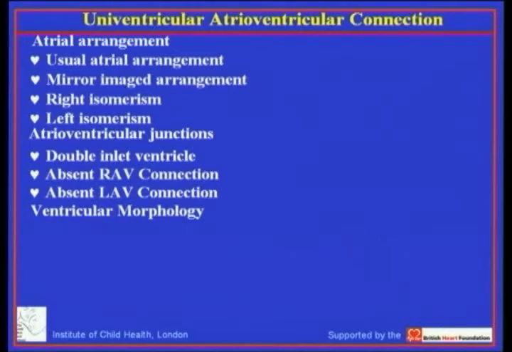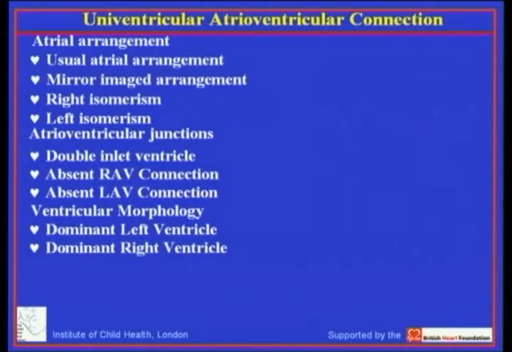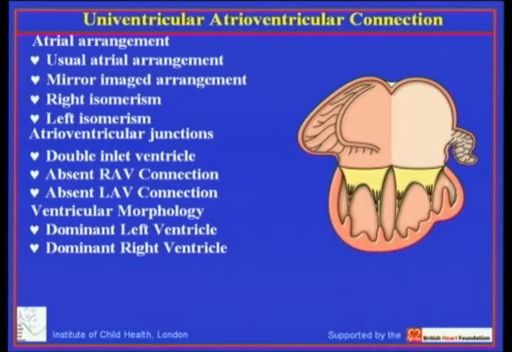But at this stage, we are concerned with ventricular morphology, and we're looking at it in the setting of double inlet left ventricle here. And what we see is that both segments of atrial myocardium join to a big ventricle that has fine apical trabeculations, and then the incomplete small ventricle is of right ventricular morphology.